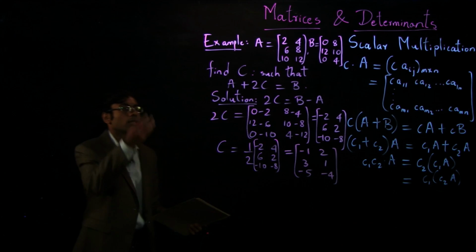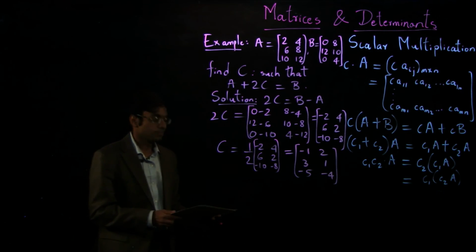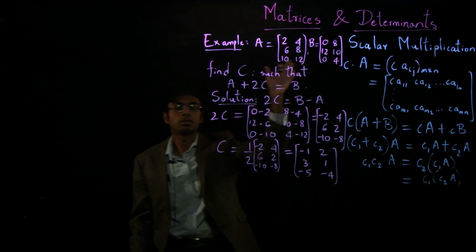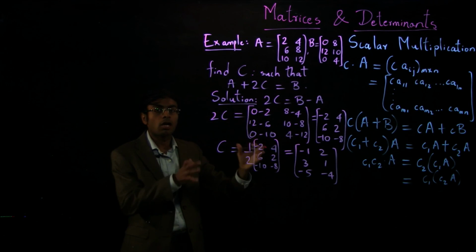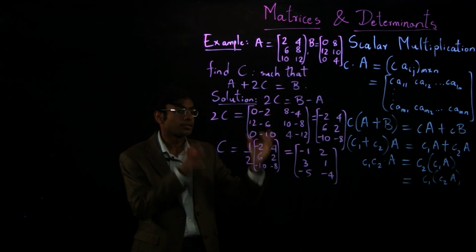So as you can see, if you follow it step by step, operations on matrices are pretty simple and straightforward, as long as you keep the order correct. That is why in all matrix operations, keeping the order correct is extremely important.